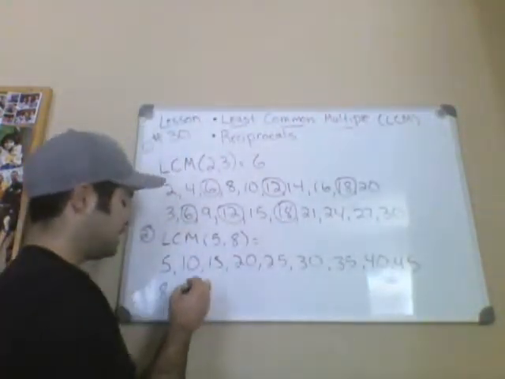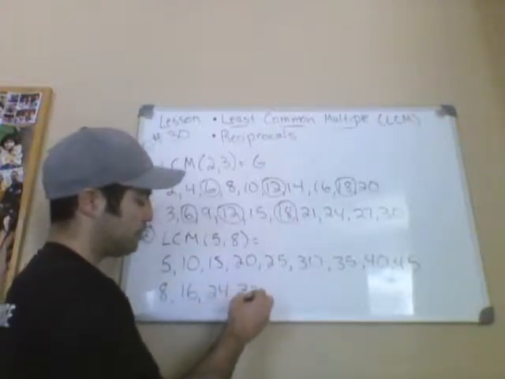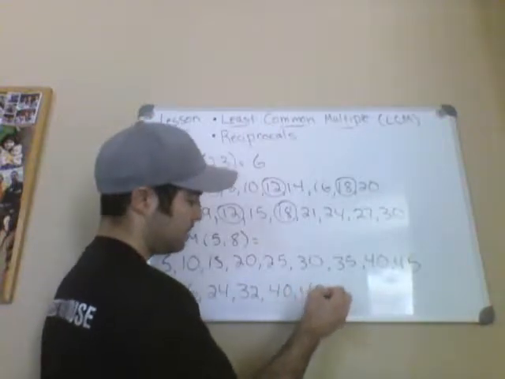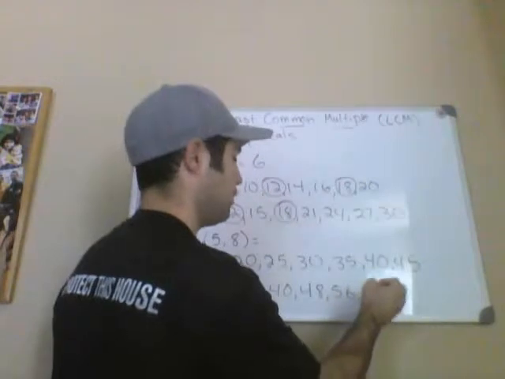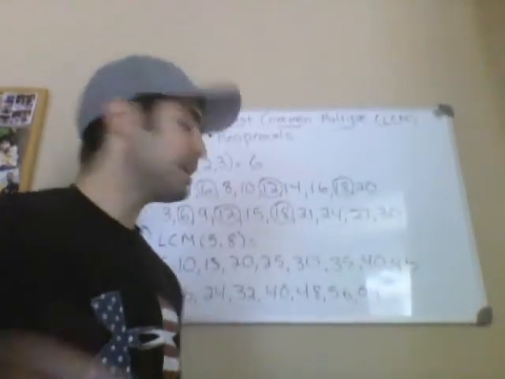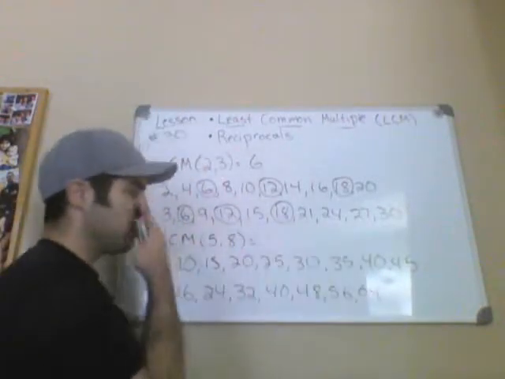Alright, let's do the multiples for 8. 8, 16, 24, 32, 40, 48, 56, and it keeps going on. 64. We're not going to go forever, but I want you guys to just get a list of multiples going on.